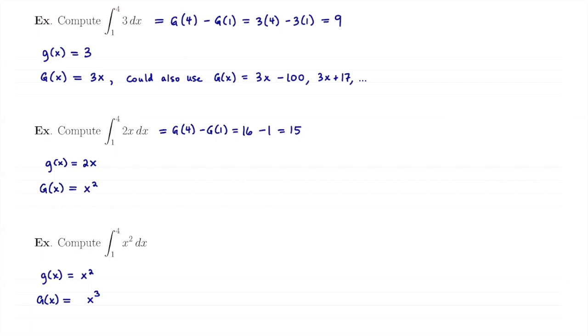So instead of x cubed, let's do 1/3 x cubed. Now if you differentiate that, the 3 comes down, cancels out the 1/3, and we're left with x squared. Therefore, the integral from 1 to 4 of x squared dx is going to be 1/3 4 cubed minus 1/3 1 cubed. That simplifies to 63 over 3, which is actually 21.